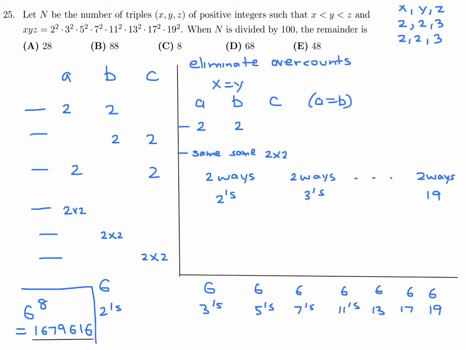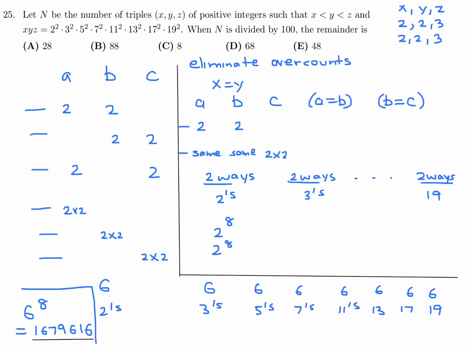So in total, it would be 2 to the power of 8, right? 2 here, 2 here, 2 here, 2 here, all the way. 2, 2, 2, 8 times. So that's how many ways you could get A equal to B. But there's also a scenario of B equals C, and that would give you another 2 to the power of 8.